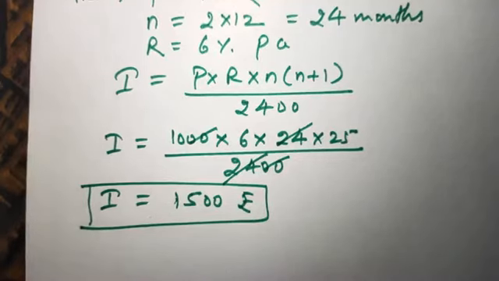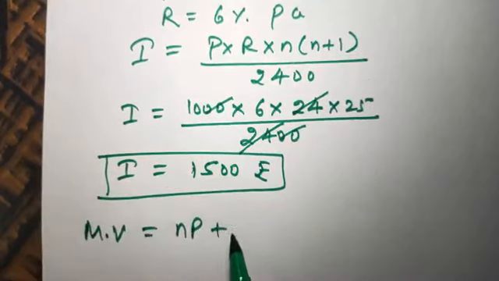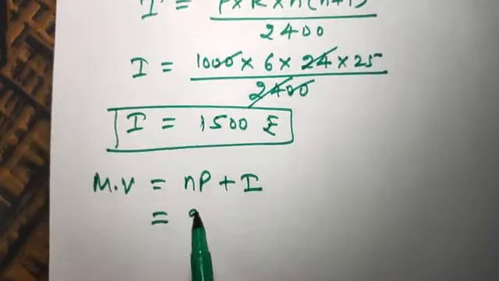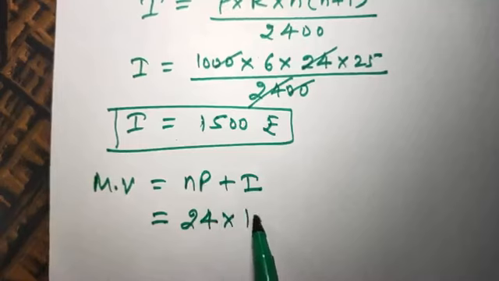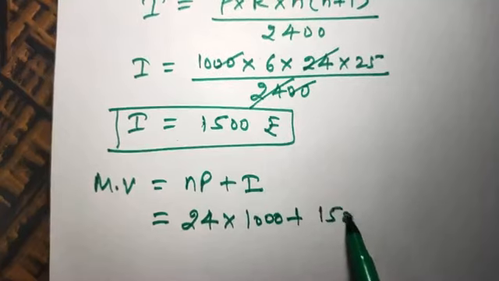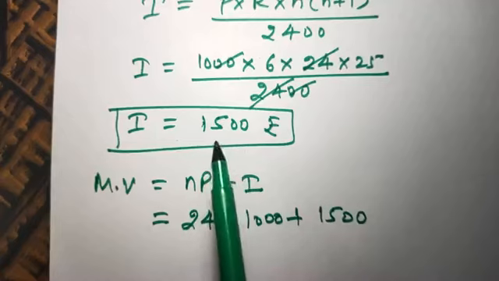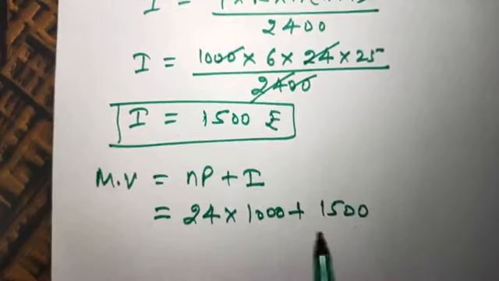Now we have to also find matured value. So what is the matured value formula? NP plus I. Now in place of N I am going to put 24, in place of P 1000, plus interest 1500. In the first part we already calculated interest 1500, so simply I put it here.